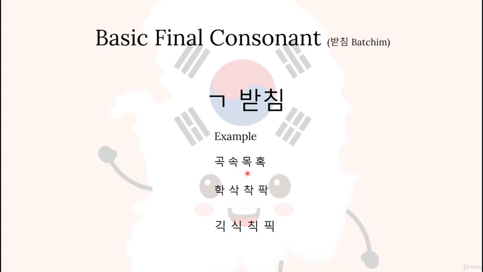Now this becomes 모 plus the 기역, so it becomes 목. And this is 혹, okay? All right, let's try one more time. 곡, 속, 목, 혹.